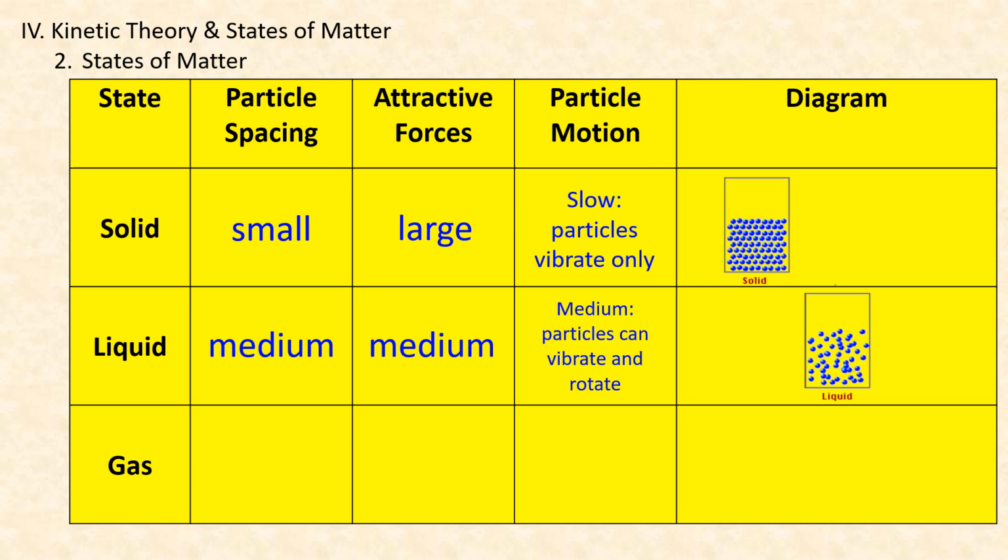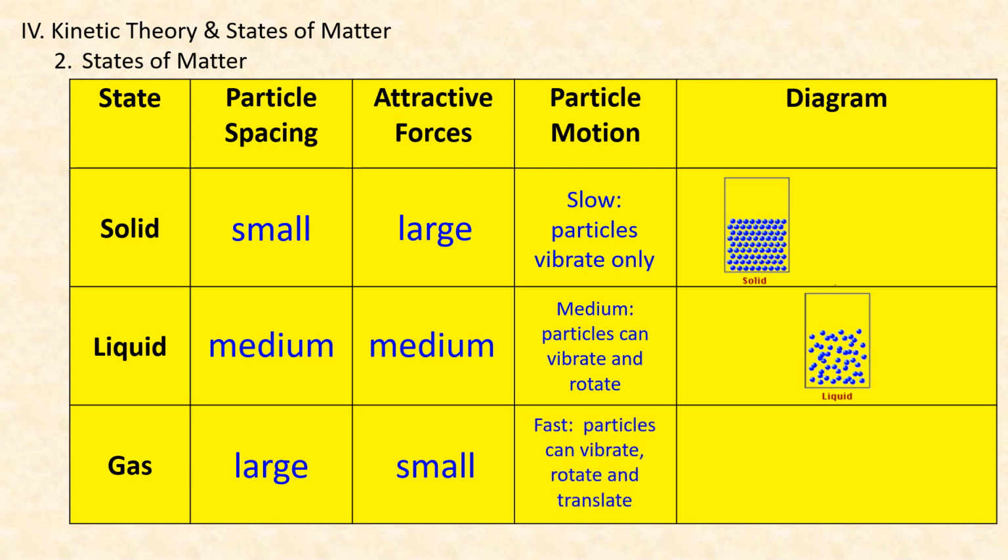And finally, when we look at gases, we would say that on average the spacing between gas particles is quite large, which suggests that the attractive forces between gas particles is very, very small. This means that gases, on average, the particles are moving quite fast in comparison to solids and liquids, and that these particles have much more motional freedom.